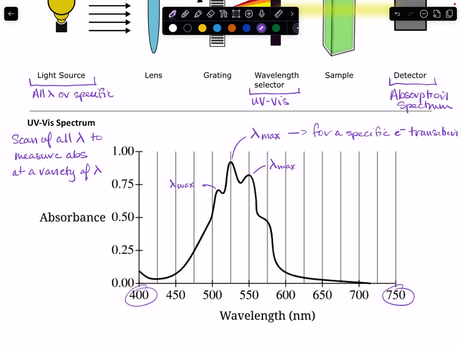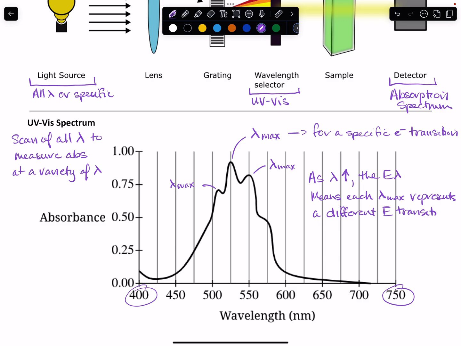Now, as we know, as the wavelength increases, the energy of that radiation decreases. All right. So that means each lambda max represents a different energy transition.